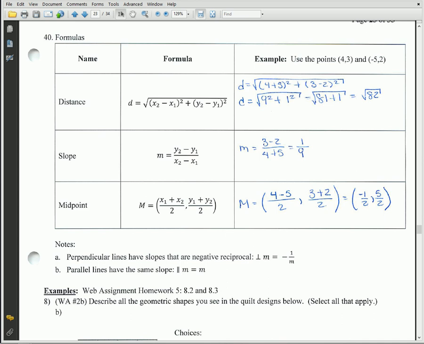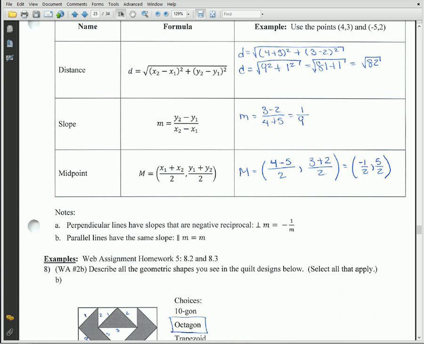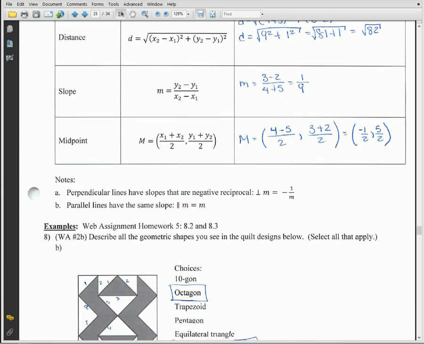Okay, I've given you an example of the distance. The slope is the change in y over the change in x. So that's y2 minus y1 over x2 minus x1. The midpoint is I add the two, I find the average between 2 points. So add x1 plus x2, divide by 2. I add y1 plus y2 and divide by 2.